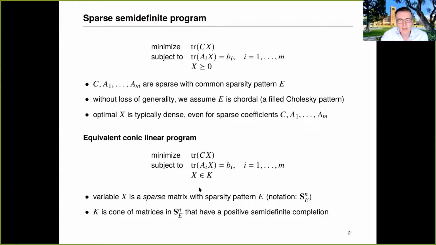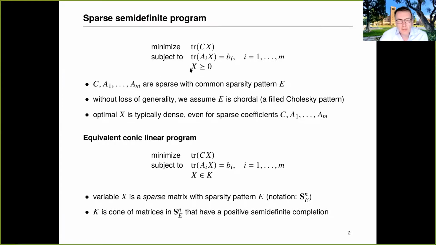Here we optimize over the dense matrices X. In the second problem, we optimize over sparse matrices X with the sparsity pattern of the coefficients AI and C. And the cone here, denoted by K, is the cone of sparse matrices X that have a positive semi-definite completion.